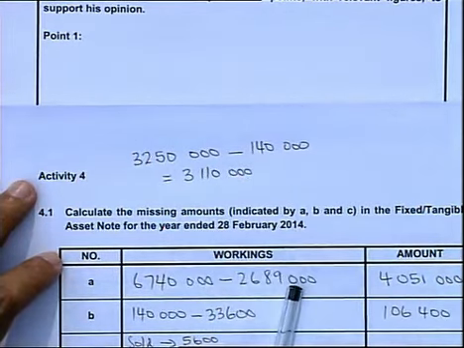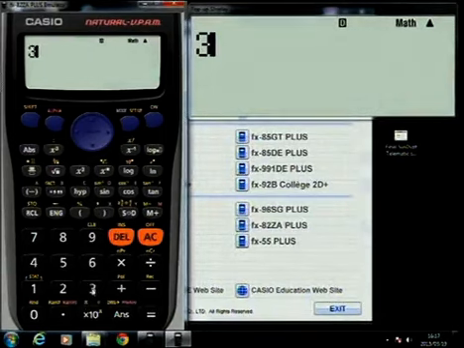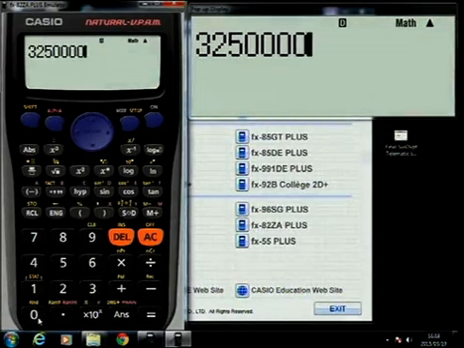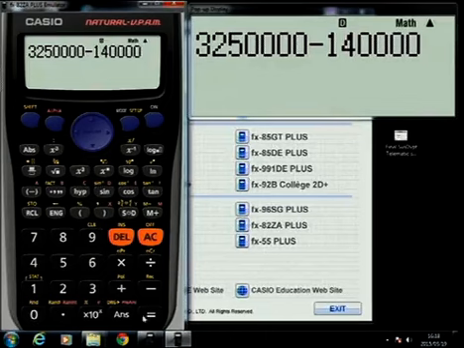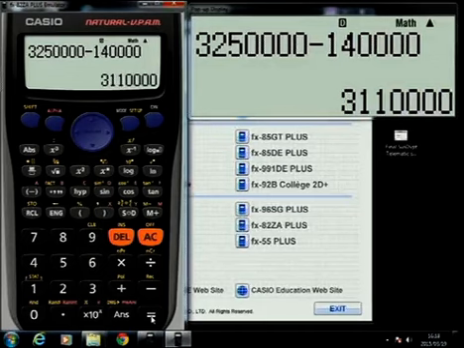Okay, let's just show that on the calculator. It's 3,250,000 minus 140,000. The 140,000 is the cost price of the vehicle that we are selling.